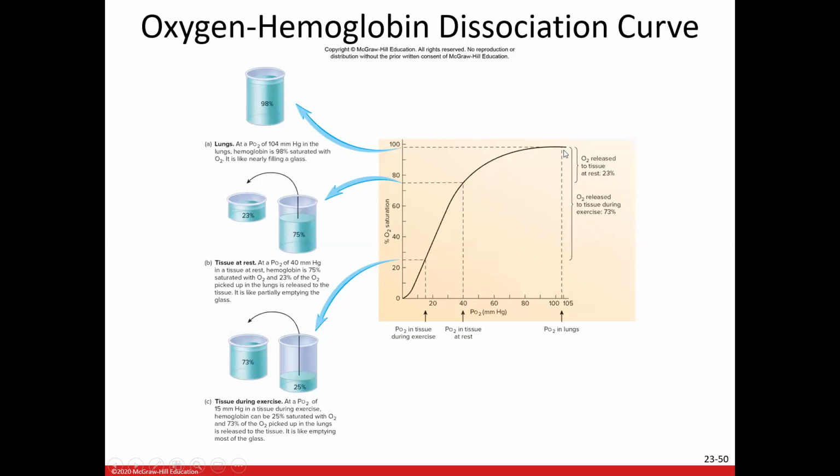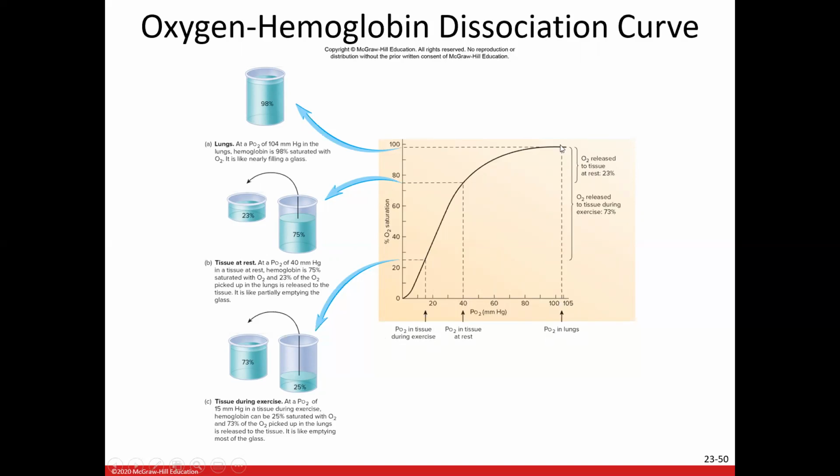That makes sense because the lungs are where they're receiving the oxygen molecules, so it makes sense that more oxygen is going to bind at the lung site where we're directly getting oxygen from, versus at the tissues where we're dropping all the oxygen off. So if we start at the right end, we see the partial pressure in the lungs is roughly 104.